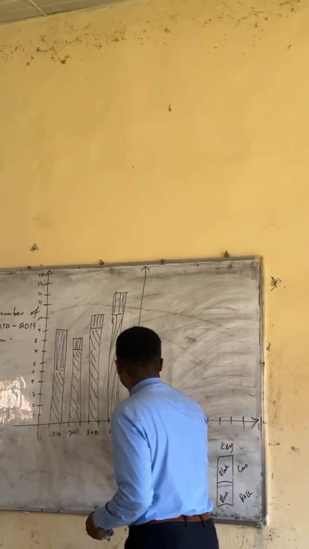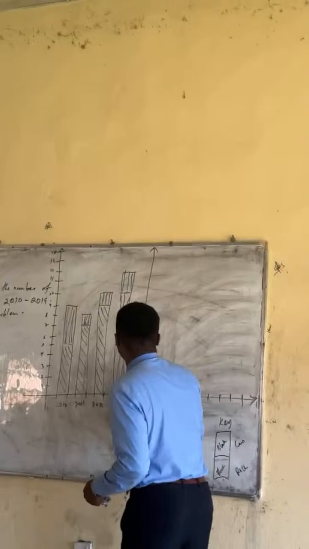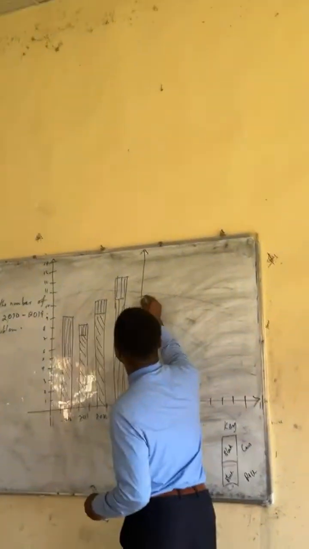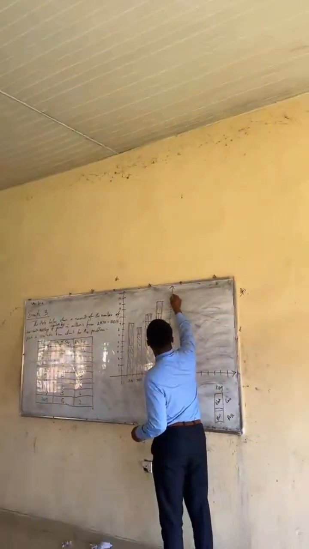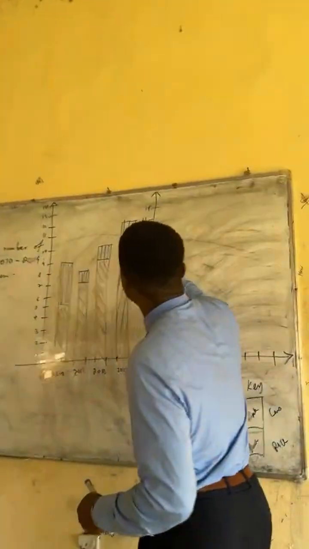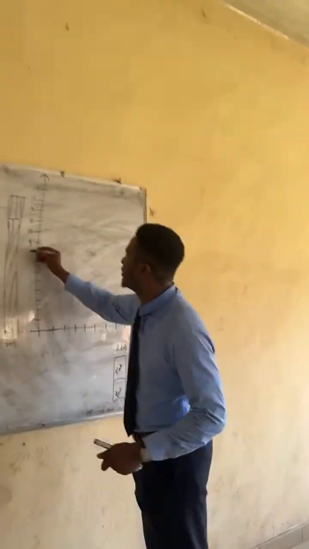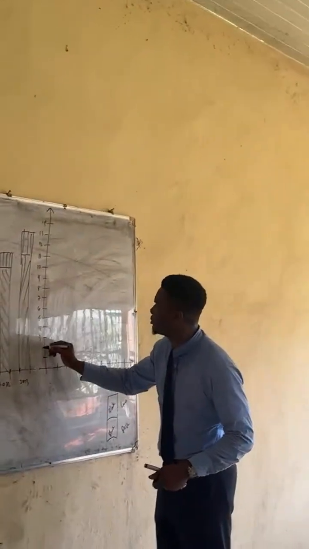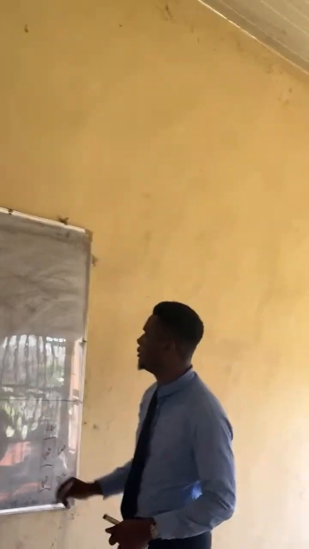So I'm going to put here 1, 2, 3, 4, 5, 6, 7, 8, 9, 10, 11, 12, 13, 14. And we have here 13, 12, 11, 10, 9, 8, 7, 6, 5, 4, 3, 2, 1. Right?